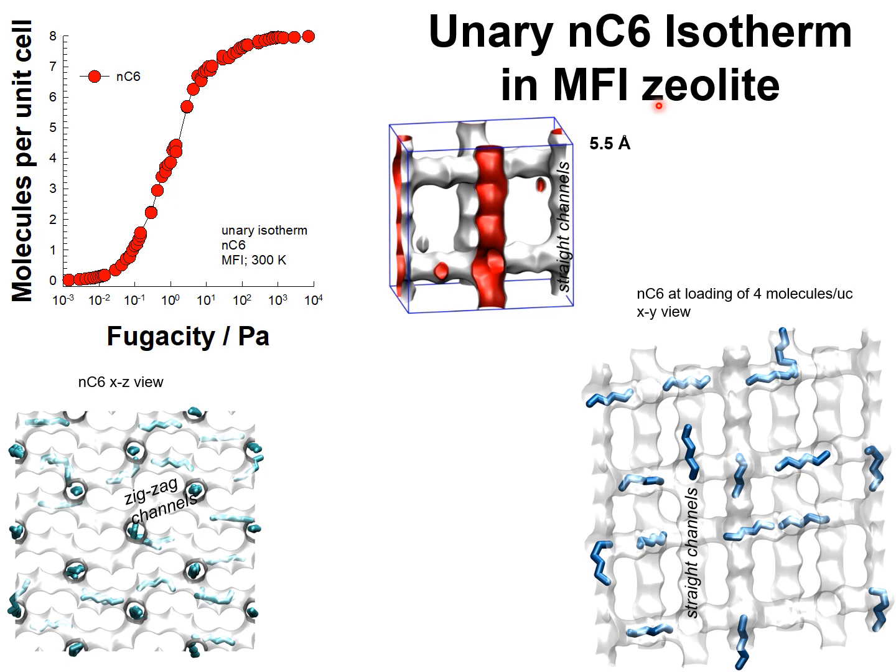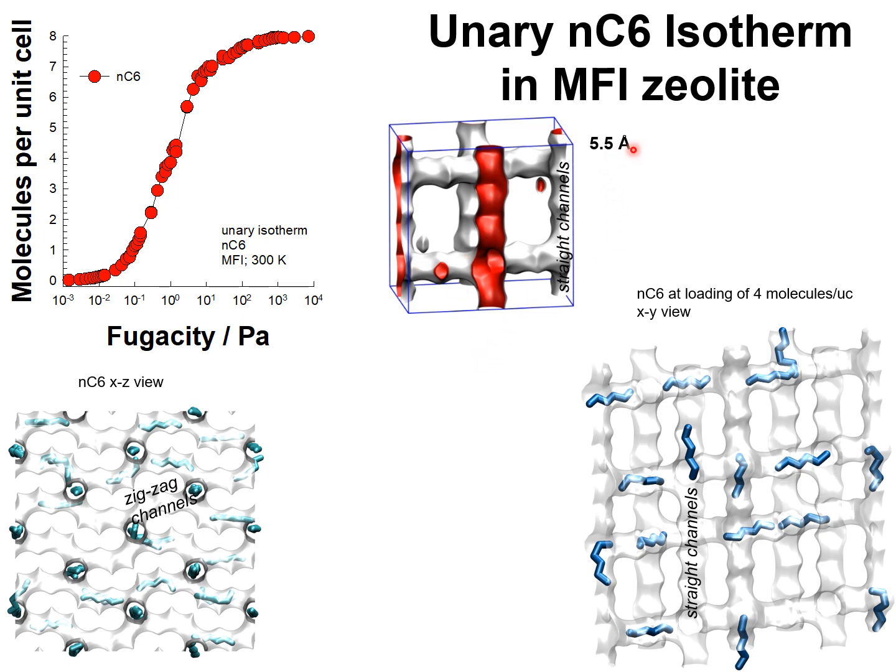Hexane isomers can be separated using MFI zeolite by exploiting a different type of entropy effect. To illustrate this, let us consider the unary isotherm of normal hexane. Now, MFI zeolite consists of a set of straight channels and zigzag channels.